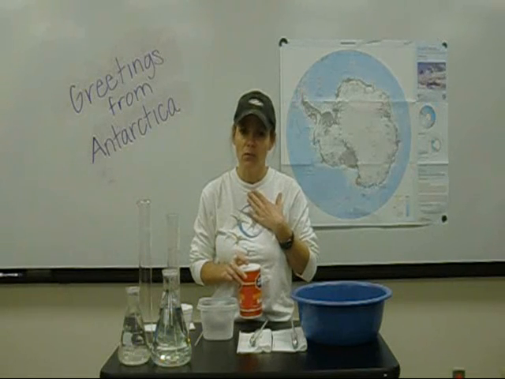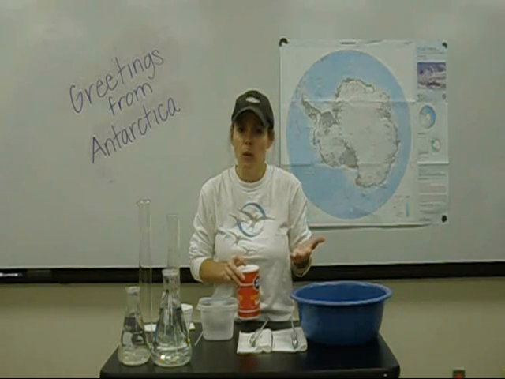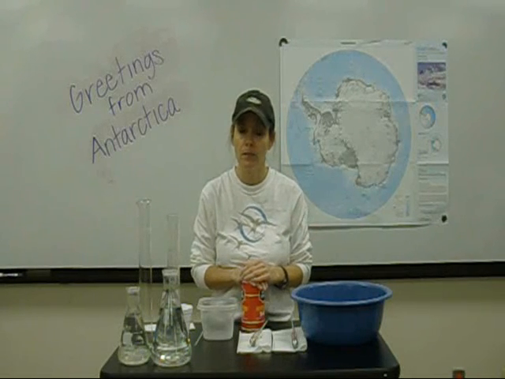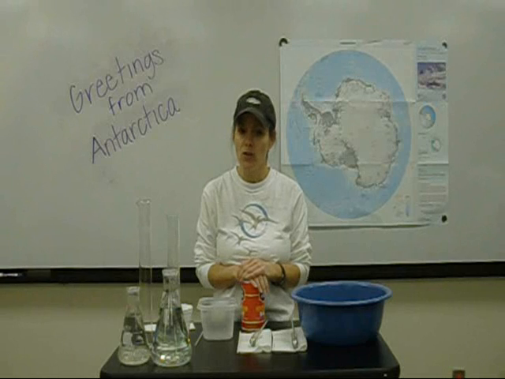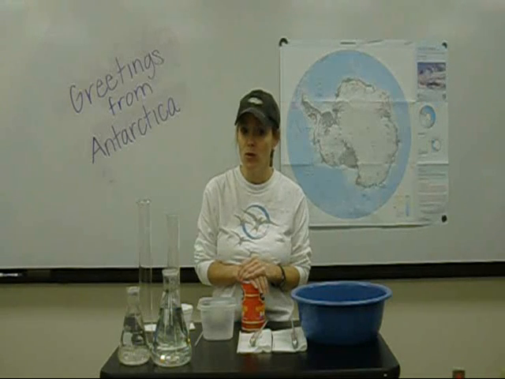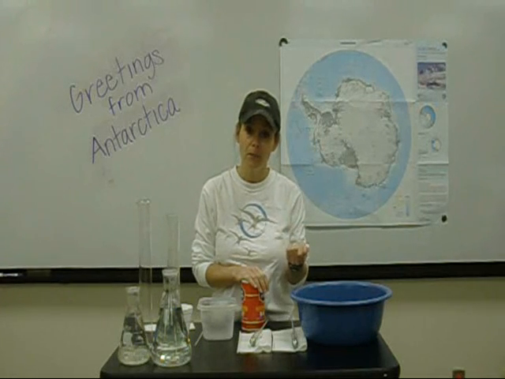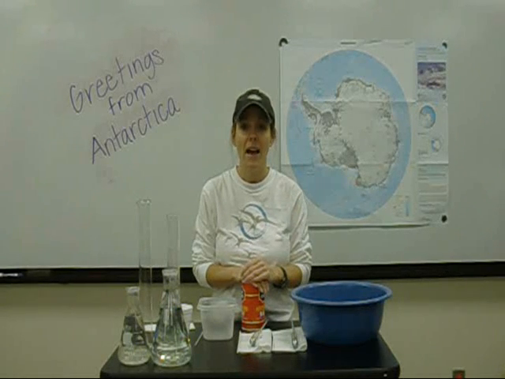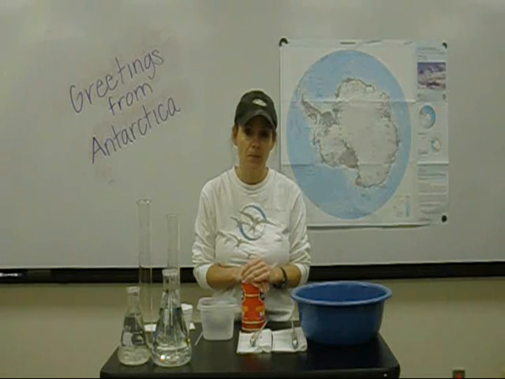So I wanted to know, is there any difference between the frozen sea ice and the unfrozen water? To find the answer, we're going to make a saltwater solution, freeze it, and compare the densities of the sea ice and the water that didn't freeze.